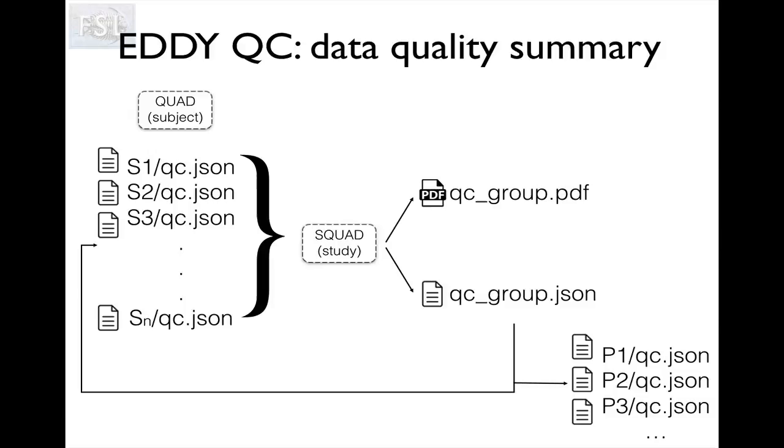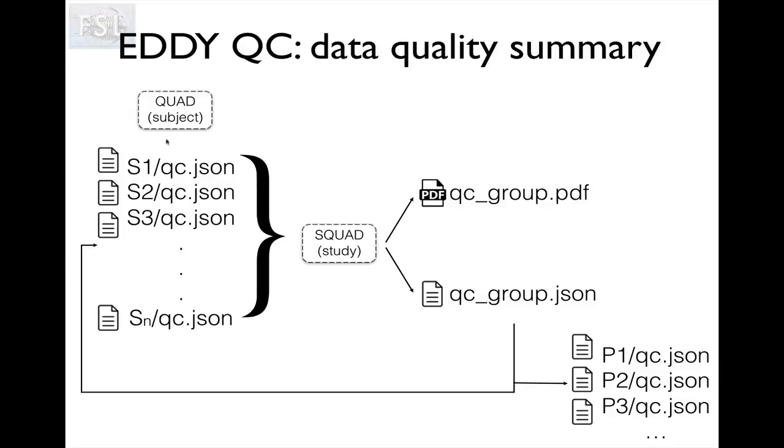So EDDY QC is essentially a tool that takes those output files from EDDY and collates that information and presents it in a format that is easily read by humans. EDDY QC consists of two tools: quad and squad. With quad you simply run it once per subject in a directory where you have EDDY output.